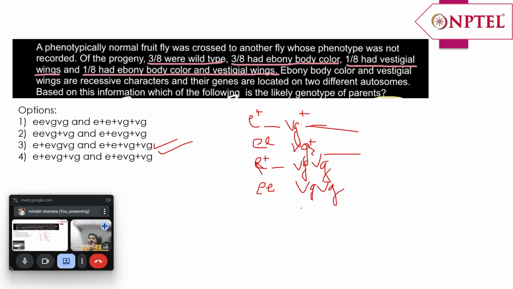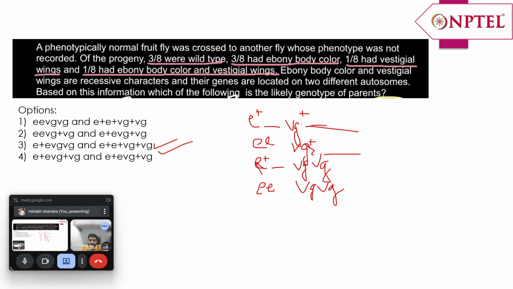Okay, so if one of the parents is heterozygous and the other one is homozygous, or both of the parents are heterozygous for both of the genes, then only this kind of phenotype would be observed, because E positive is dominant and VG positive is also dominant.